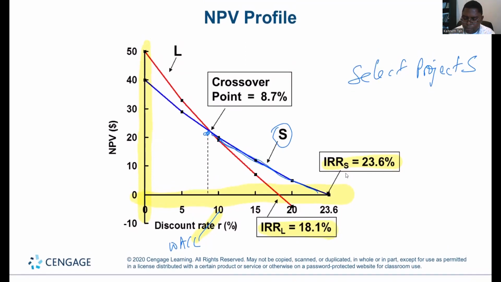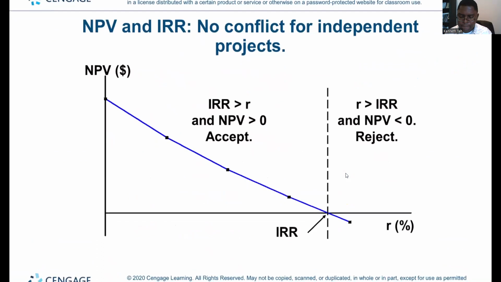S is above L, suggesting to us that project S will be superior to project L.